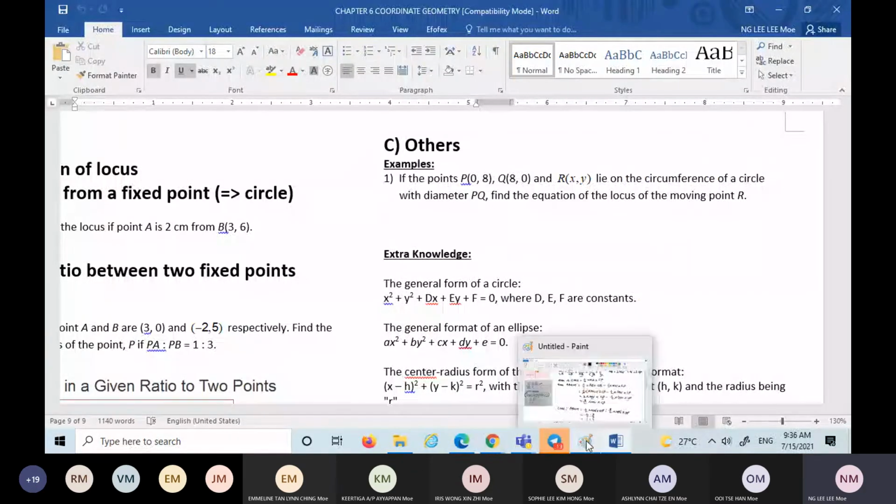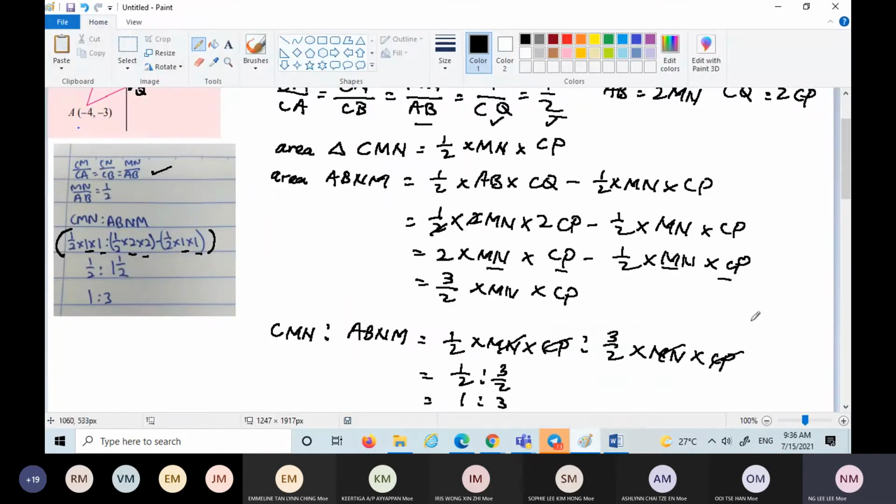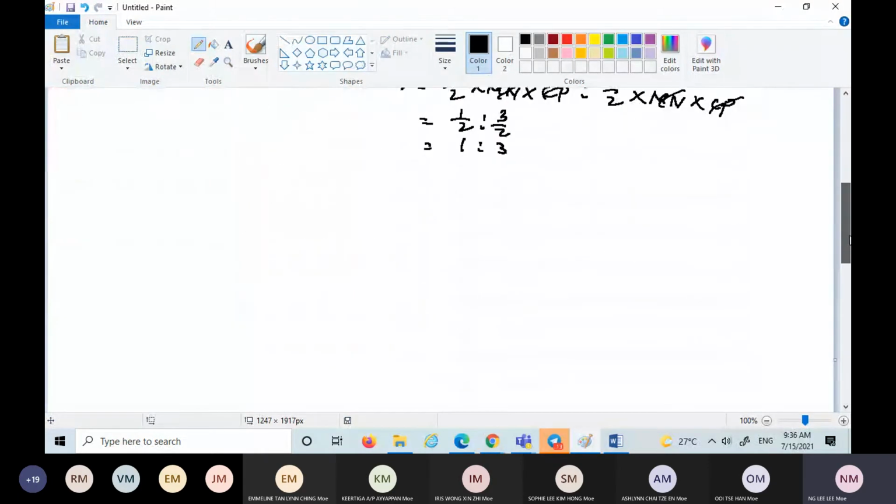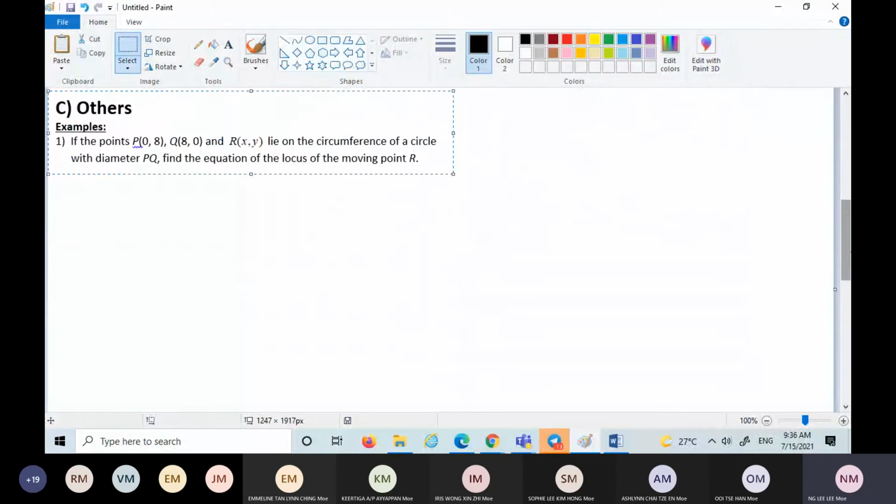Okay, now we go to others already. Just now you have actually seen altogether 3 types of different locus. Now we have other types. Look at this.